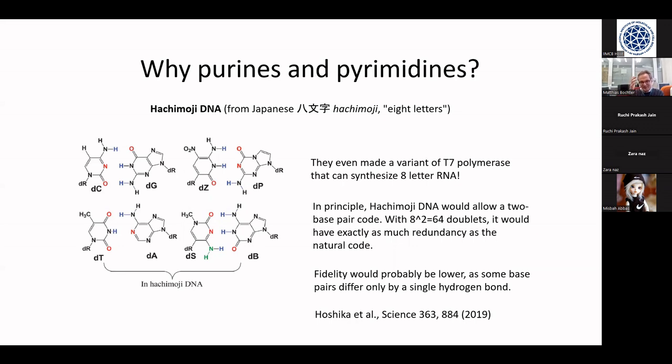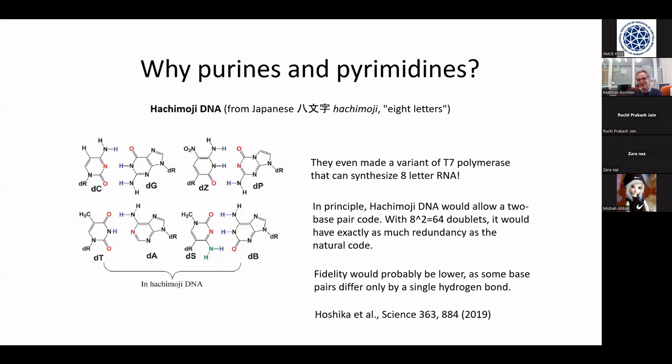The group that made this, in a Science paper from by now four years ago, I guess, even made a T7 polymerase that can synthesize eight-letter RNA from the eight-letter DNA, in quotes.